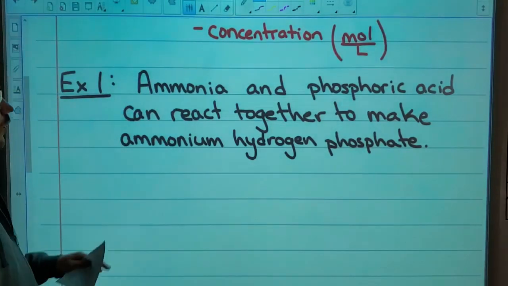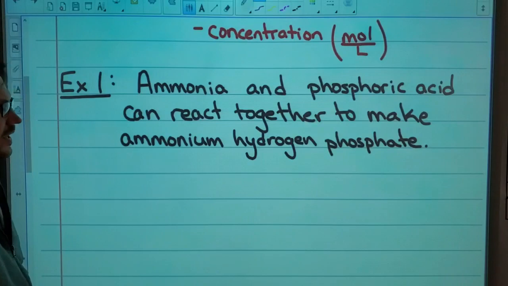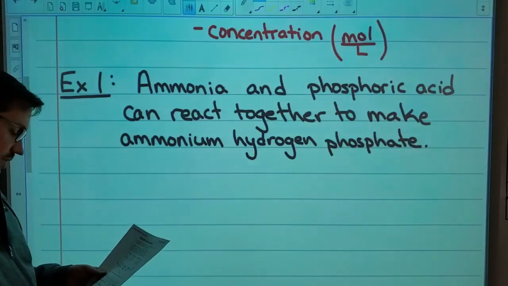Doesn't matter. So ammonia and phosphoric acid can react together to make ammonium hydrogen phosphate.